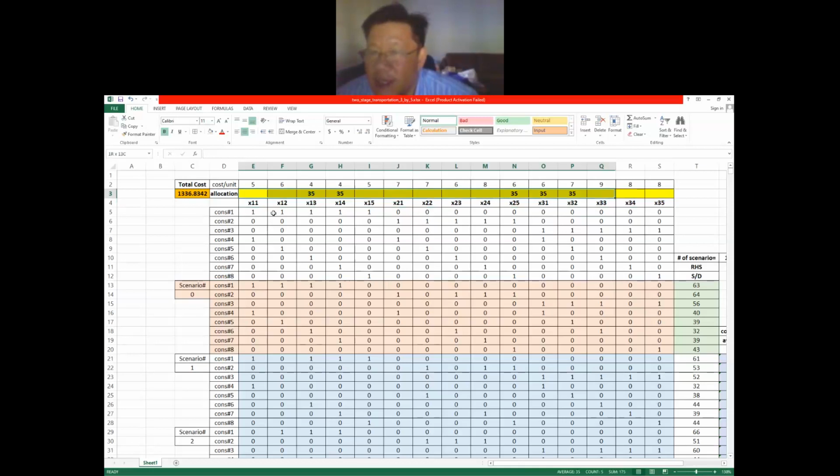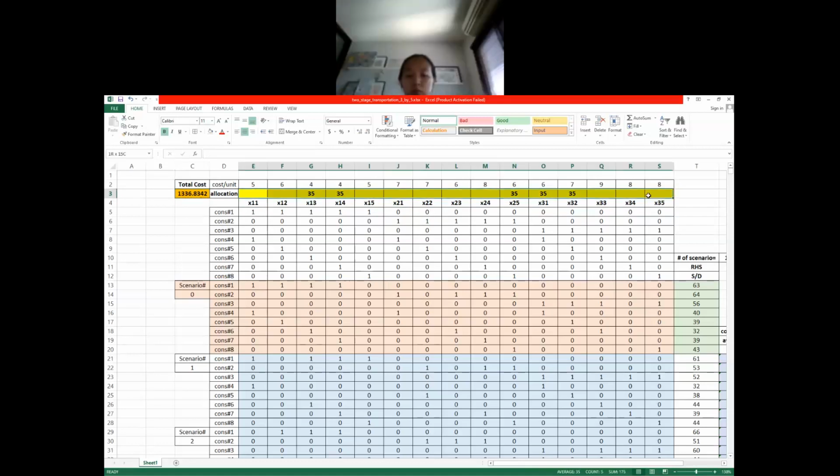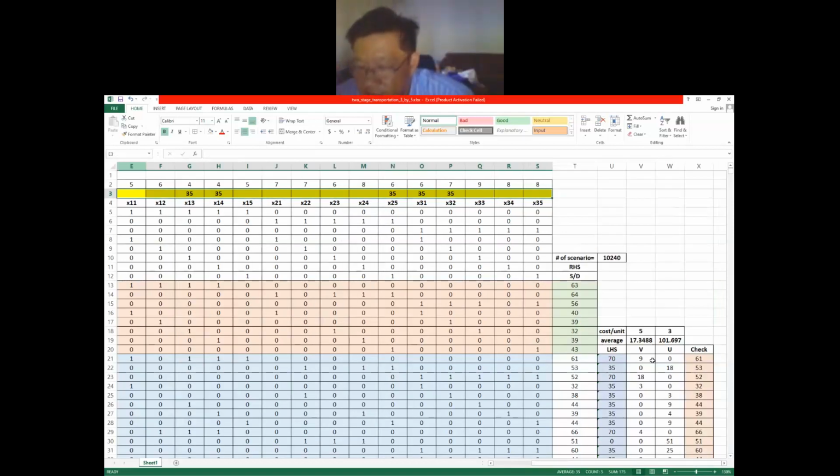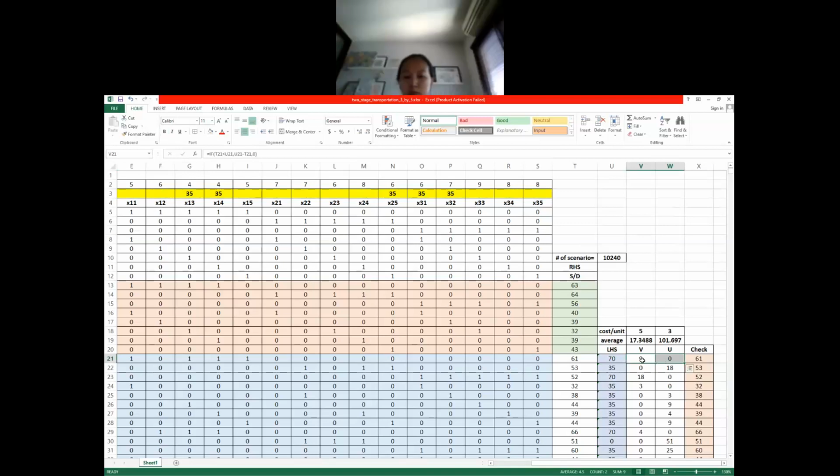You need to find the allocation here. Your target cell is over here. This is your target cell, 1300, and this is your decision variable over here. Okay. If you want to use the original OpenSolver, you can say that this is also your changing cell.